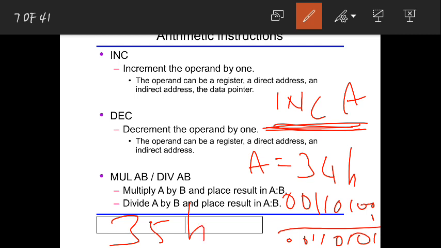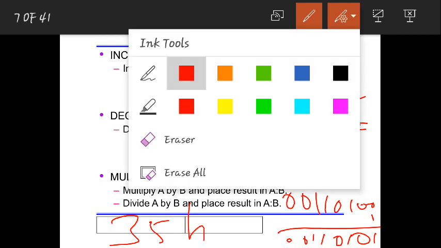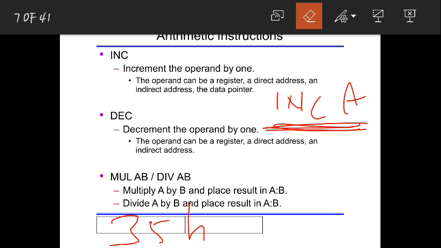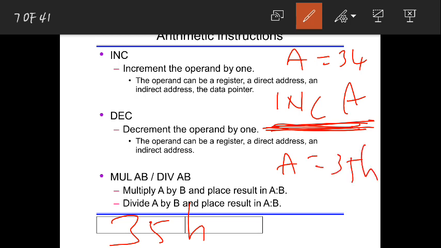So before, you got 35H. Let me show you here. Before writing increment, A was equal to 34. After executing this instruction, you got A equal to 35H. Again, if you write increment A, then A will be equal to 36H, and so on. It keeps on incrementing by 1.